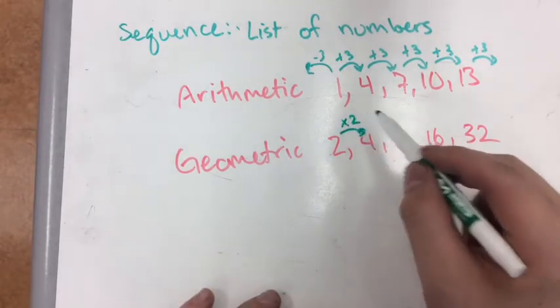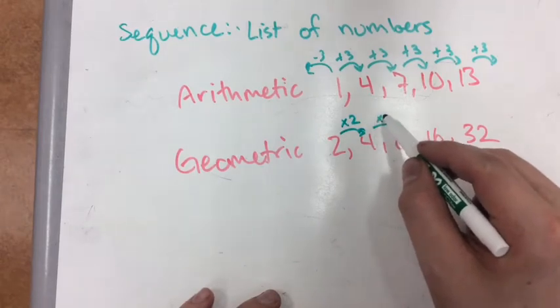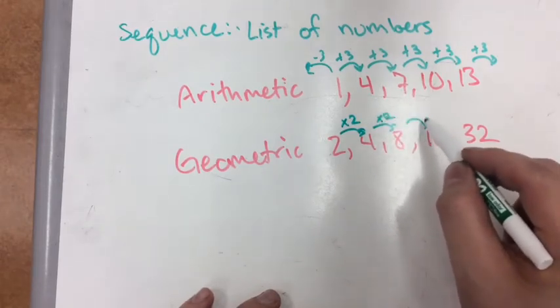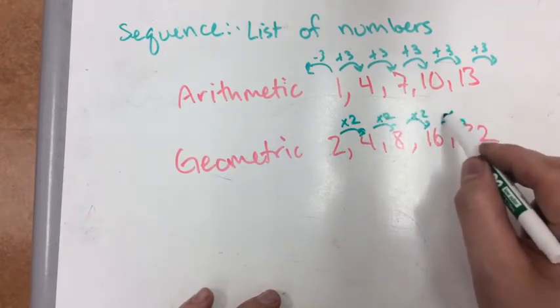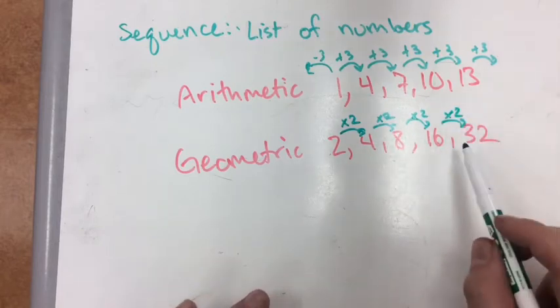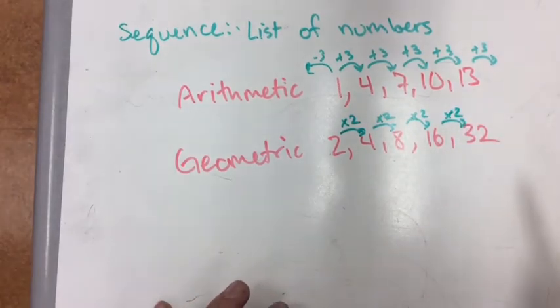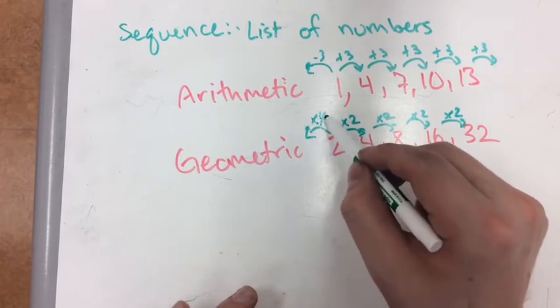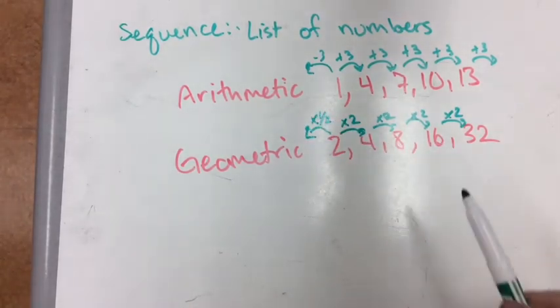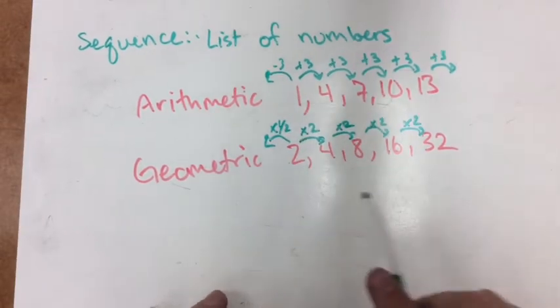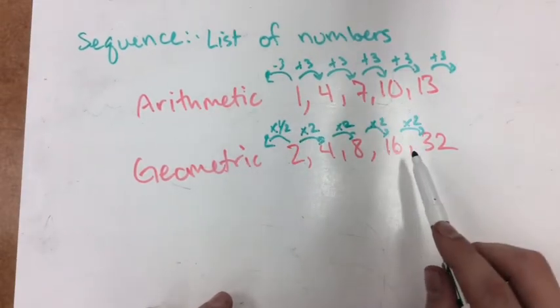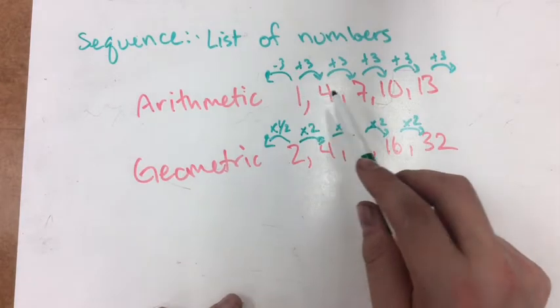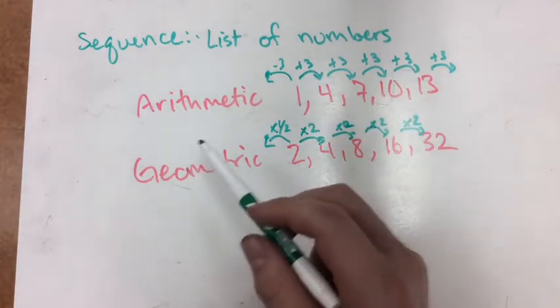Well, we went by 2, by 2, by 2, by 2. And if this pattern were to continue for the sequence, it would be times 2 all the way. If we wanted to go backwards, it would be times 1/2. So geometric sequences are multiplying as they go across. Arithmetic sequences are adding as they go across.